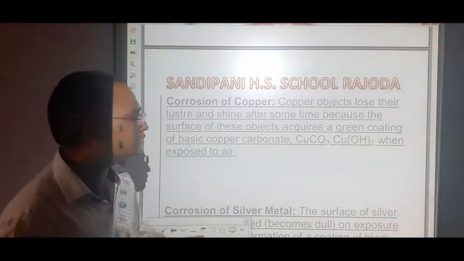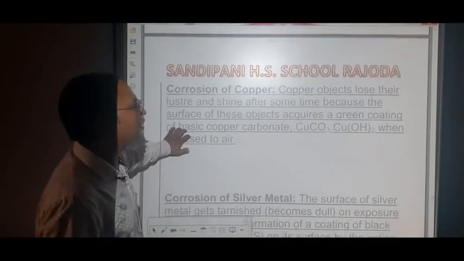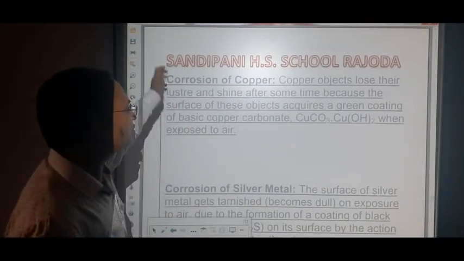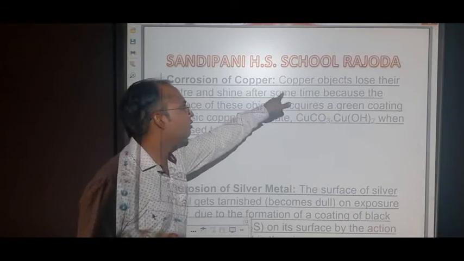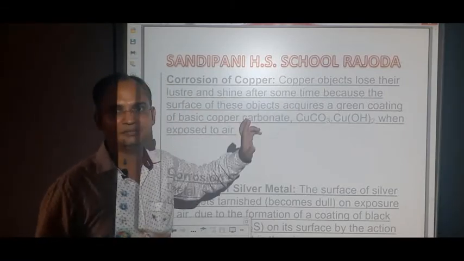Now see, students, which type of reaction is involved in this corrosion. First of all, see corrosion of copper. Copper objects lose their luster and shine after some time.